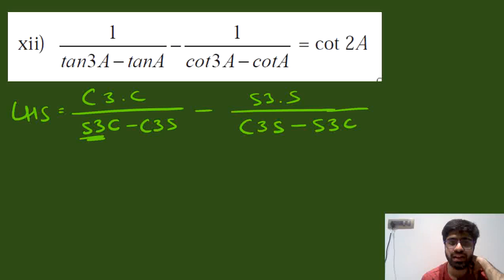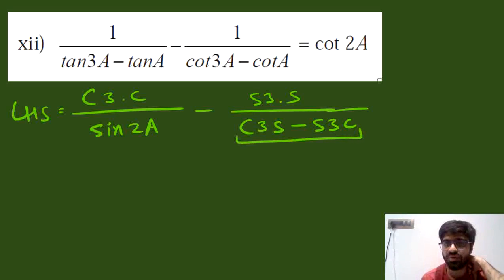Now sin a cos b minus cos a sin b, that is the expansion of sin a minus b. So we have the denominator as sin of 3a minus a, which is equal to sin 2a. So the denominator has become sin 2a. We can take a minus sign common from here.